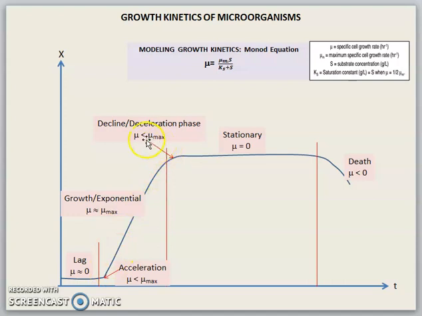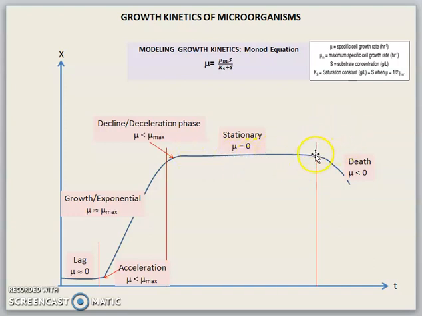Later we have a decline or deceleration phase, where mu is less than mu max. And then we have the stationary phase, where mu equals 0, because there is no more growing. It becomes stationary here.